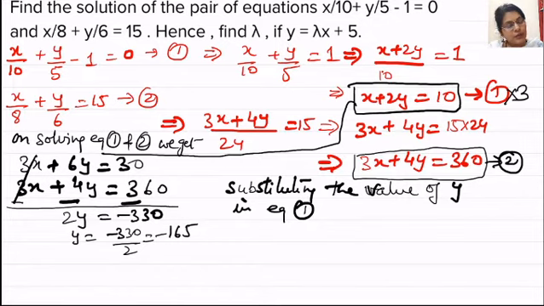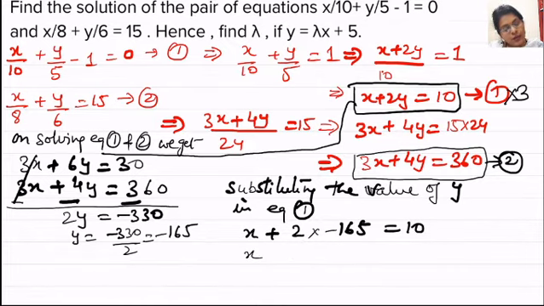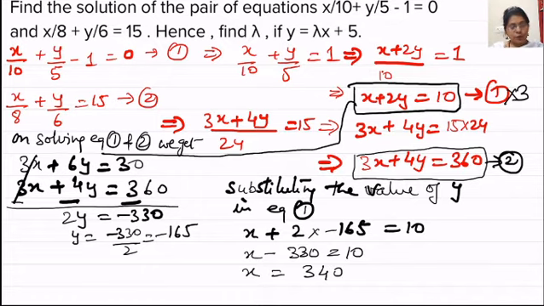So x plus 2 into minus 165 is equal to 10. So what do we get? x minus 330 is equal to 10. So we get x is equal to 340. So the value of x is 340 and the value of y is minus 165.